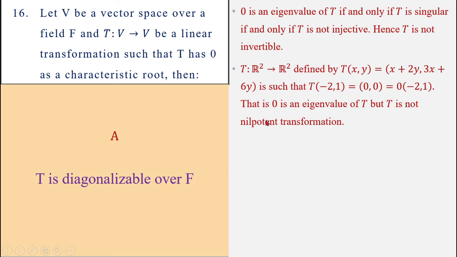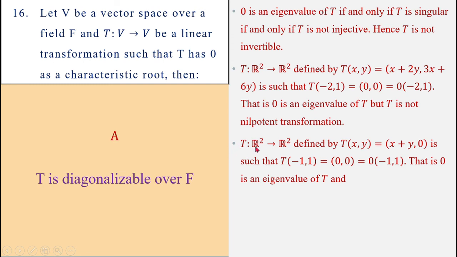But T is not a nilpotent transformation. If you take any power of T, you cannot get the zero transformation. So it is not a nilpotent transformation. If T from R2 to R2 is defined by T of (x, y) equal to (x plus y, 0), then we have T of (-1, 1) equal to (0, 0).